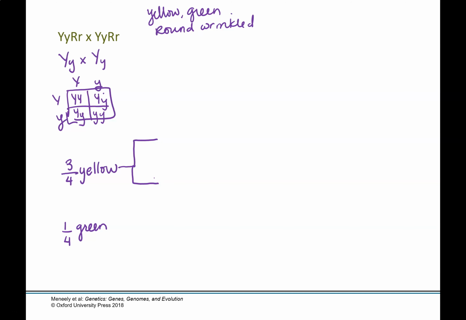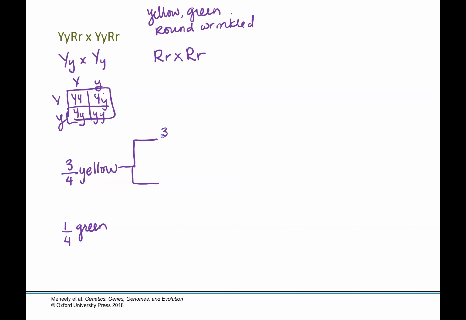So I'm not going to write out that Punnett square again. It's going to be exactly the same as our yellow. So there's a 3/4 chance that you will get round, essentially a big R or a big R little r, and there's a 1/4 chance you will get wrinkled, which is the little r.